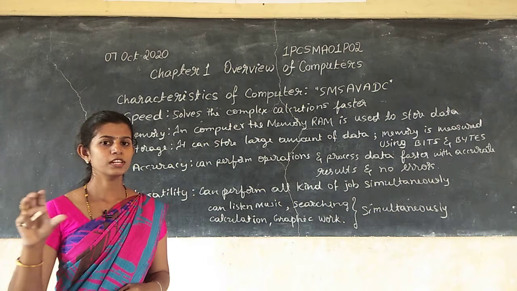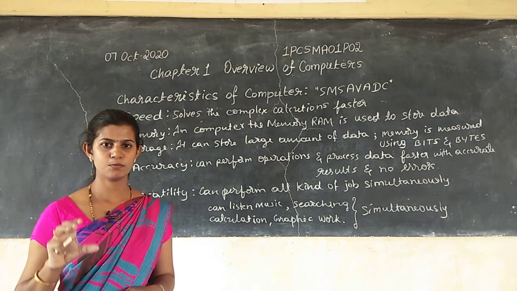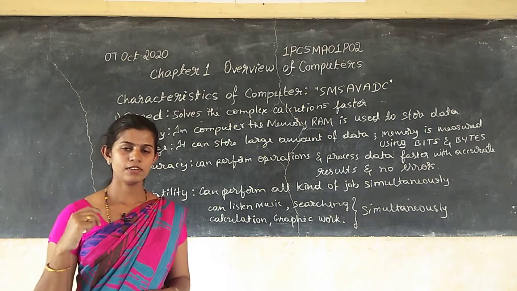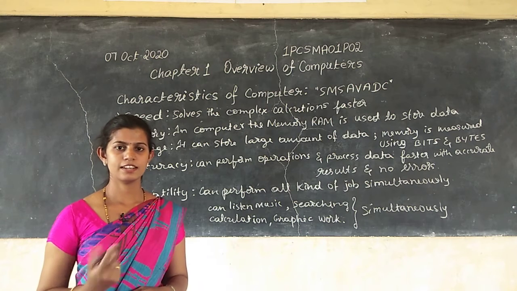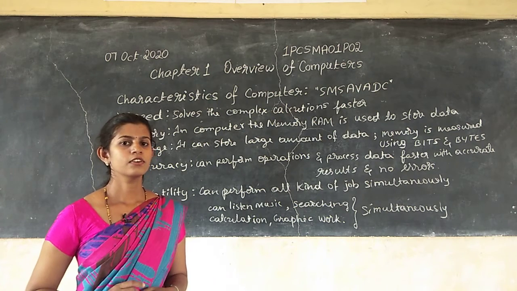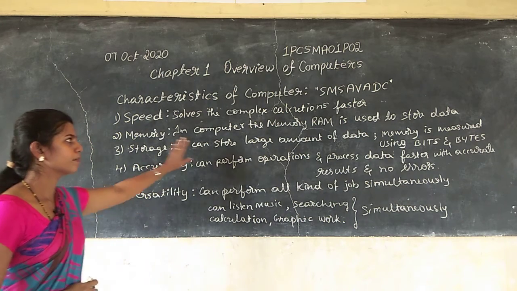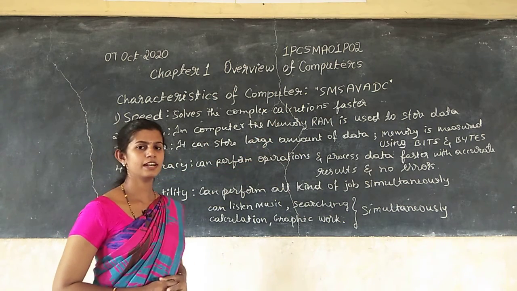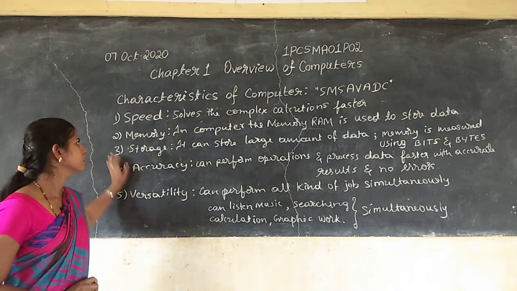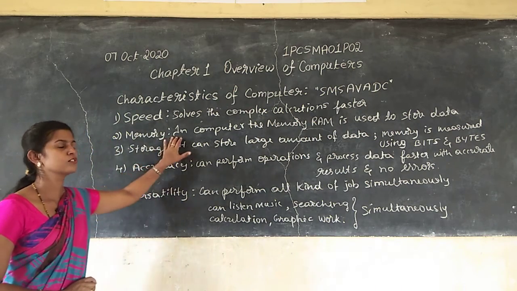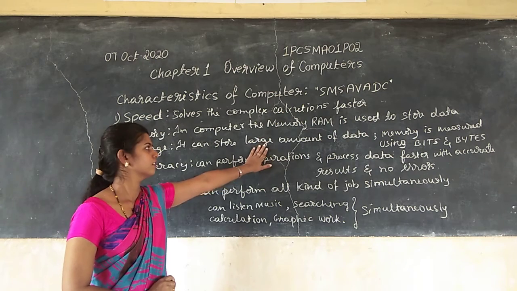So, it will select only the information which is important and save it in its memory, and the rest it forgets. Similarly, in a computer the memory, RAM, is used to store the data.